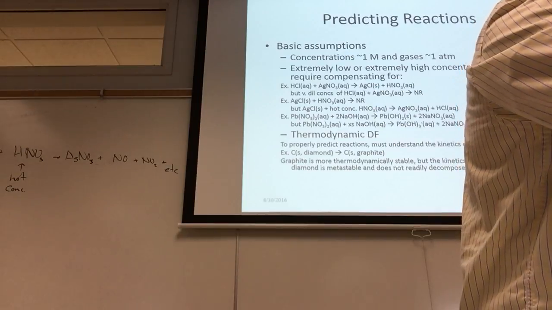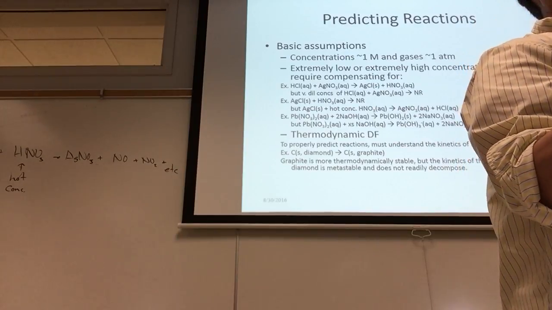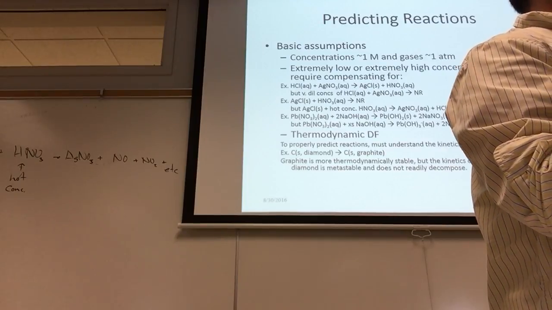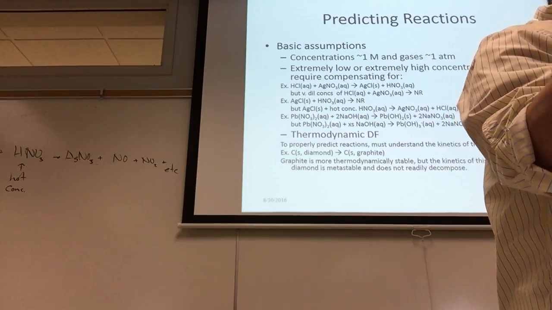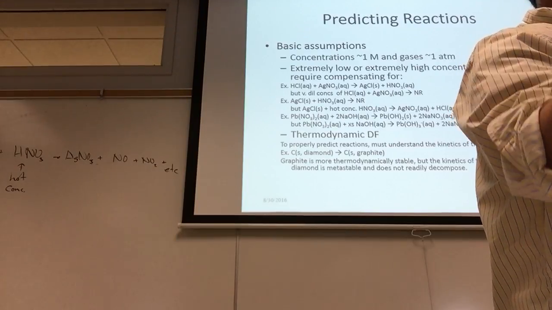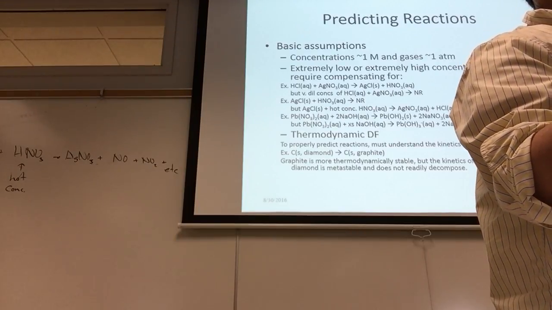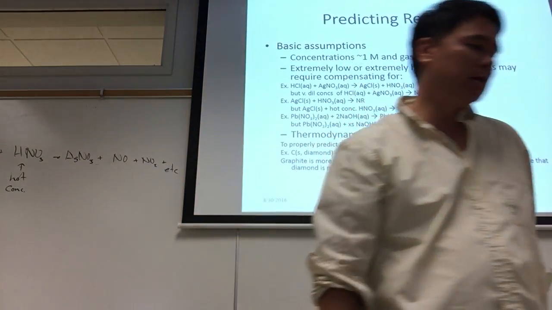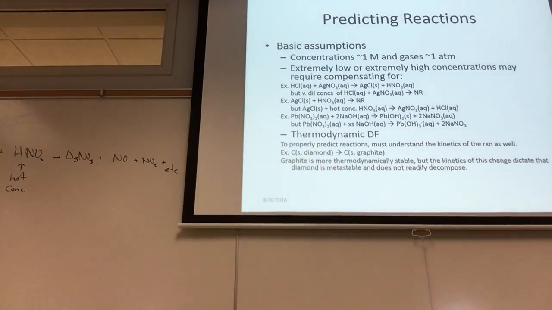Because at room temperature, this is what I call metastable. I'm not going to see an explosion or fire right now because it's a metastable mixture. I have to increase the temperature a little bit to see that. And so that's another example of metastability.